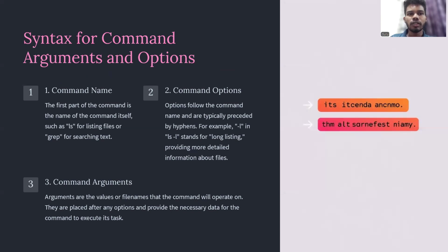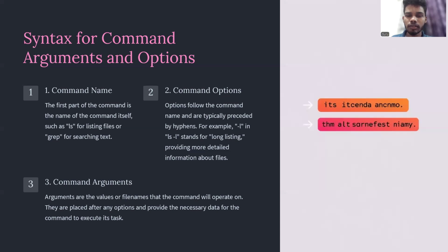So the syntax of a command with arguments and options is: command, options, arguments. Command name: the first part of the command is the name of the command itself, such as ls for listing all the files and grep for searching text. Options follow the command name and are typically preceded by hyphens.